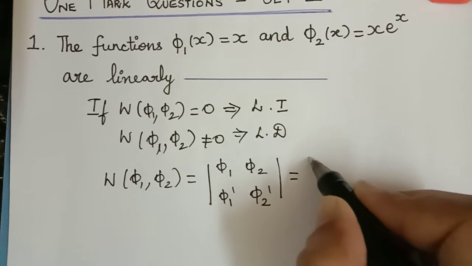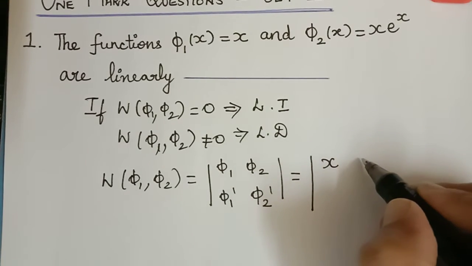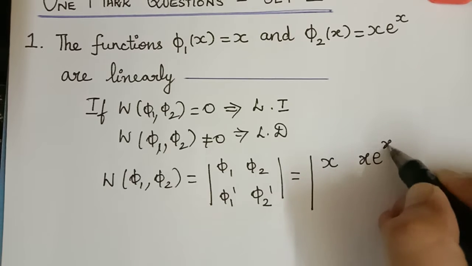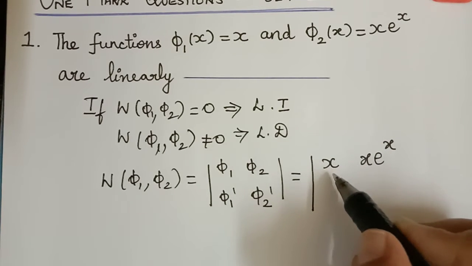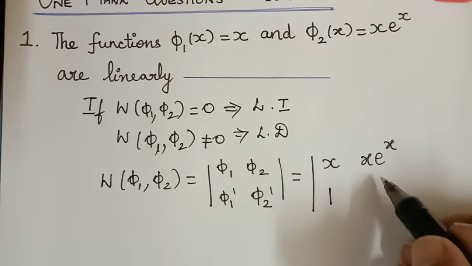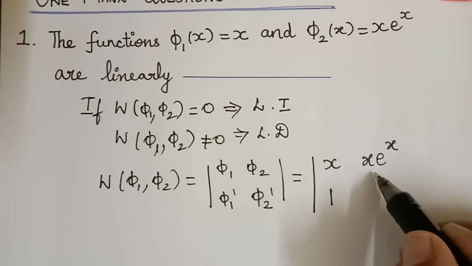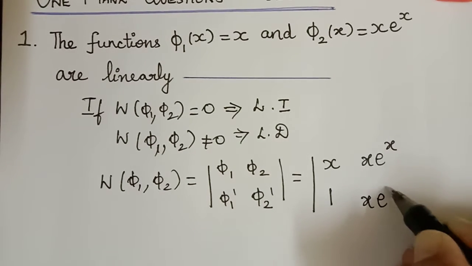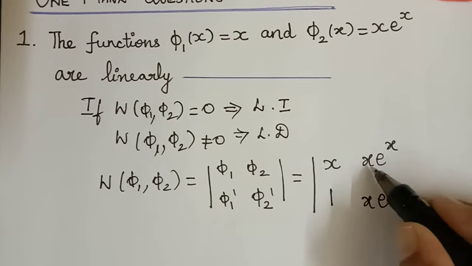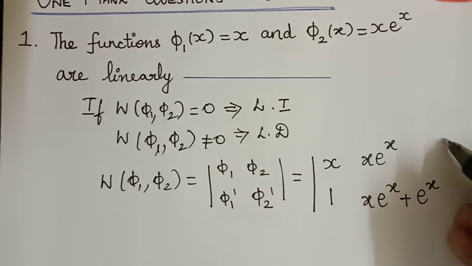So that is equal to the determinant of phi1 is x, phi2 is x e power x, and phi1 dash is the differentiation of phi1, which is 1, and phi2 dash is the differentiation of x e power x, which we have to carry out by UV method. So it will be x e power x plus, now we will differentiate x, which is 1, so differentiation of x is 1 and e power x comes here.